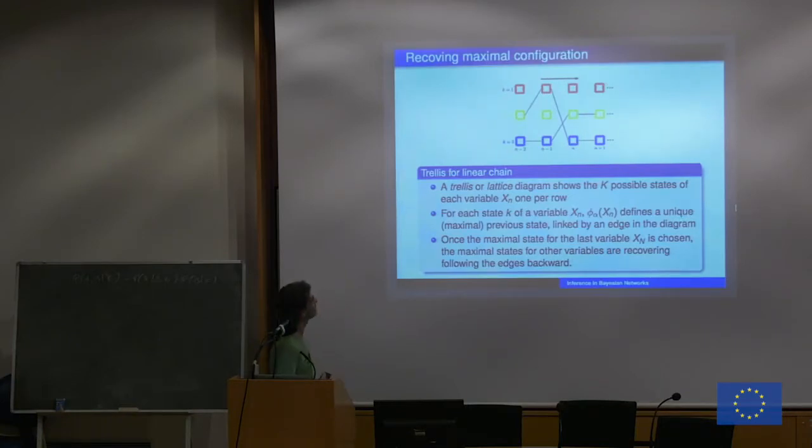Now, this configuration message basically links this trellis, meaning that it tells that if the best configuration for the variable n minus 1 is red, then the best configuration for the previous variable is green. If it is blue, then the previous best is blue again, and so on.